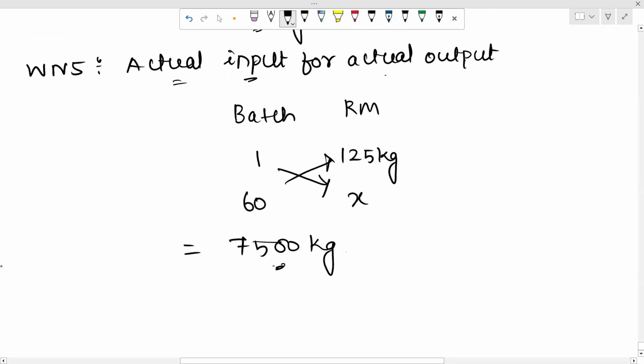Now the 7,500 kg is the actual amount of raw material consumed to produce 5,600 kg of finished goods. So this is nothing but the 100% of raw material consumed, which includes raw material A, B as well as C. Now out of this 7,500 kg, how many kg of raw material A is consumed, how many kg of B, and how many kg of C?